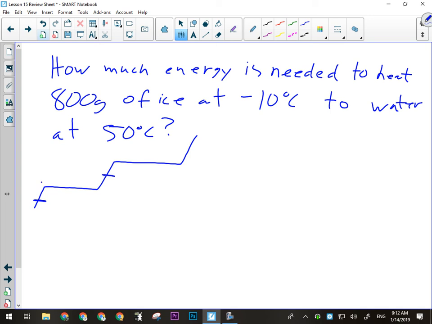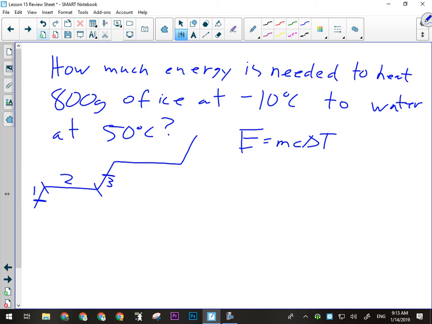All right, so that's going to mean there's step 1, there's step 2, and there's step 3. With me so far? Okay, so anywhere where the line is going up, we are changing the temperature of the material, which means we're going to use E equals mcΔT to figure out how much energy is used anywhere the line is diagonal.